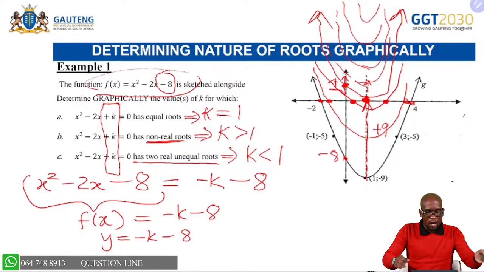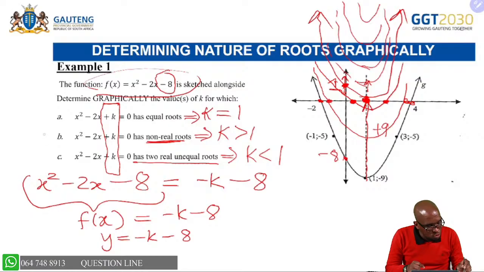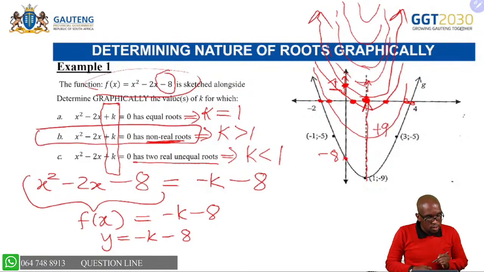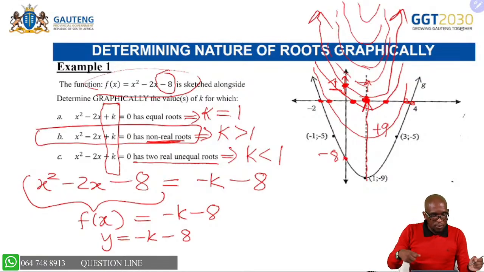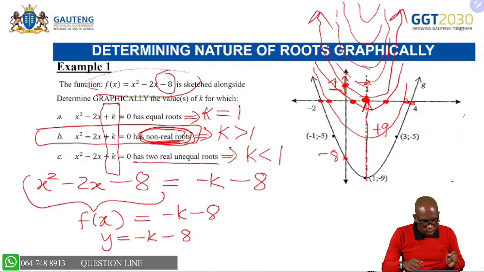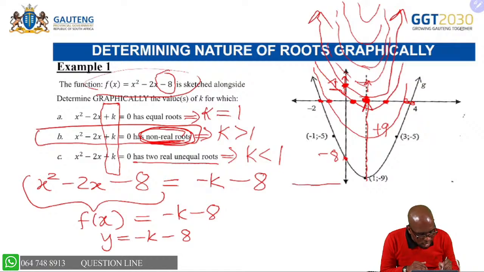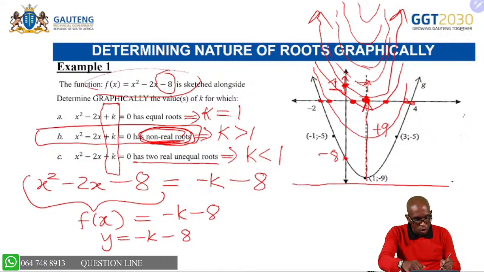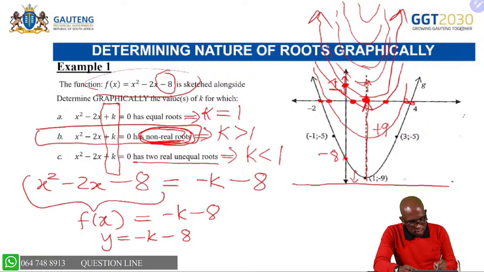I'll only do one of these. Let me just choose one. I'll choose B. I've transformed the equation. I'm interested in where there are non-real roots. There would be non-real roots when my line is just below the turning point. What is the identity of my line?